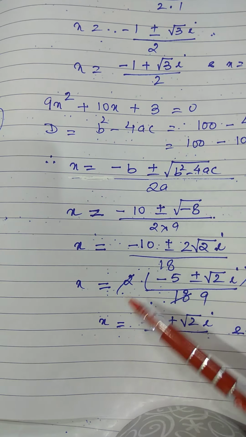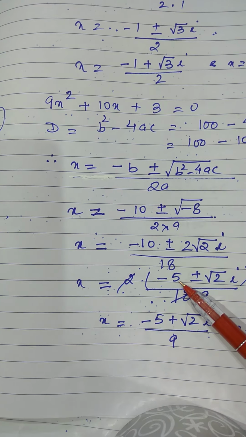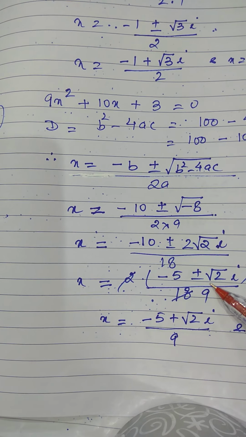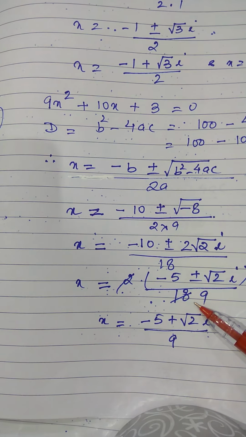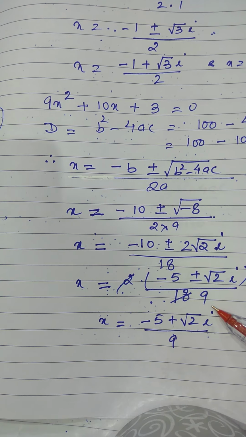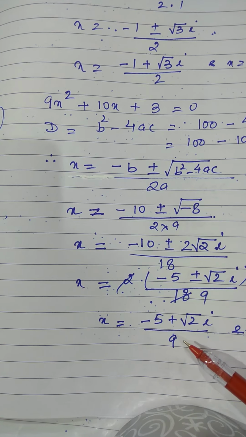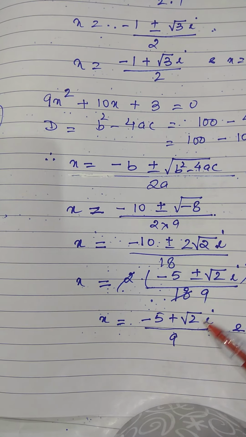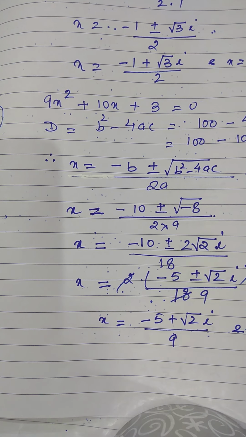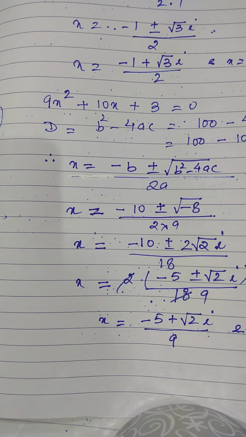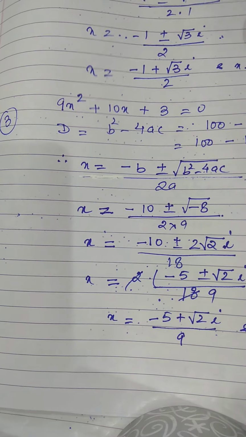Taking out 2 as a common factor, this is minus 5 plus minus root 2 iota upon 18. 2 cancels with 18, leaving 9. So the roots are minus 5 plus root 2 iota upon 9 and x is minus 5 minus root 2 iota upon 9.